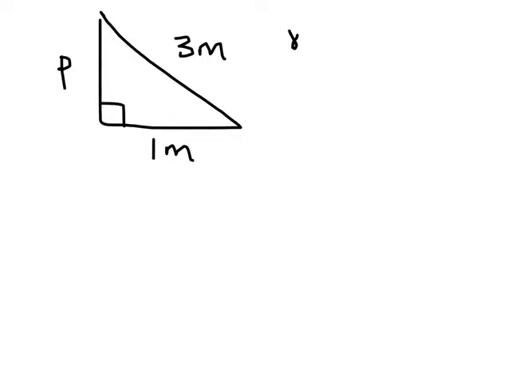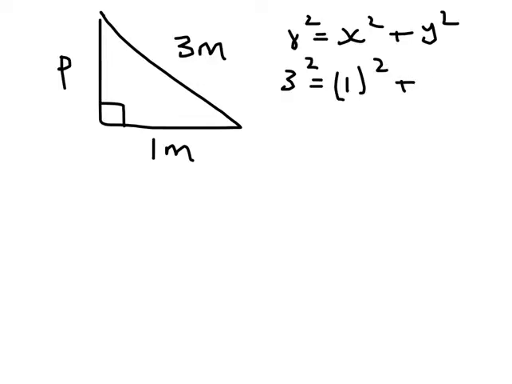You can use the formula r squared equals x squared plus y squared, and easily substitute. You've got your 3 over there, and your x value you can put as 1, plus p squared. Then 3 squared is definitely 9.